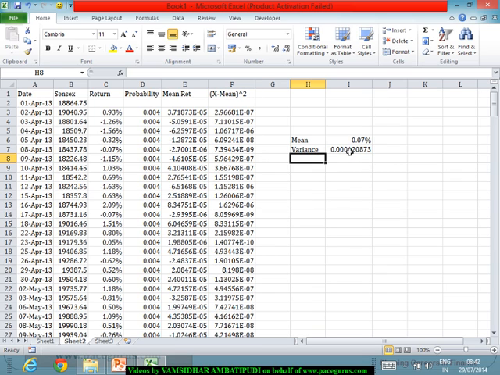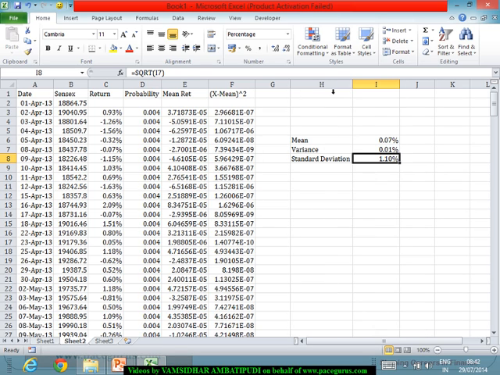So in this case the variance is coming out to be around 0.01%, and if I am interested in standard deviation, I am simply taking the square root of the variance, which gives me a standard deviation of around 1.1%.